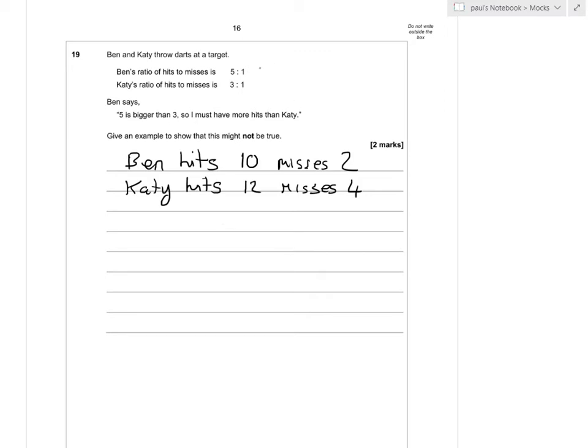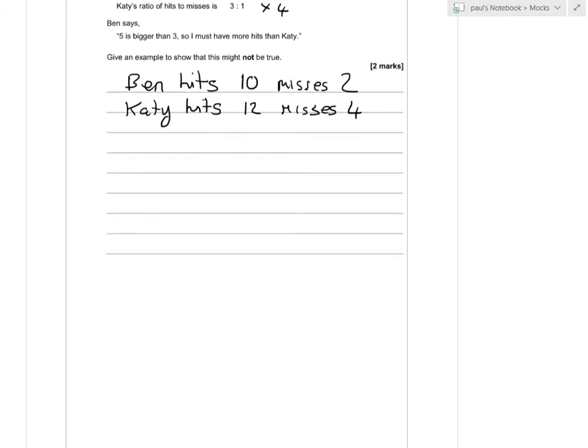So what we've done there is we've doubled that one and we've multiplied that one by 4. So Katie can hit more than Ben, just that she's got to throw a lot more, yeah?